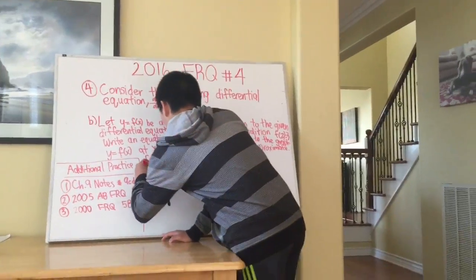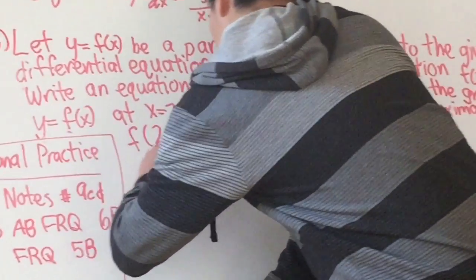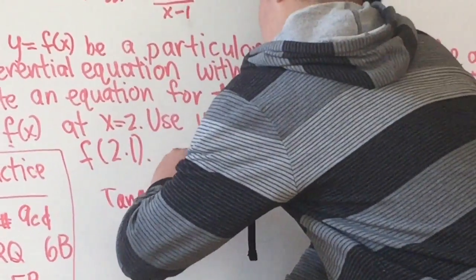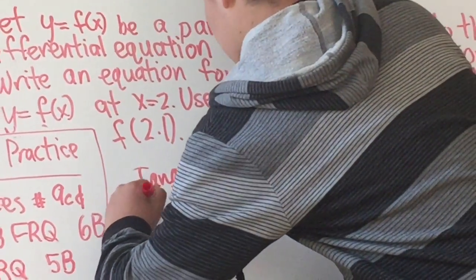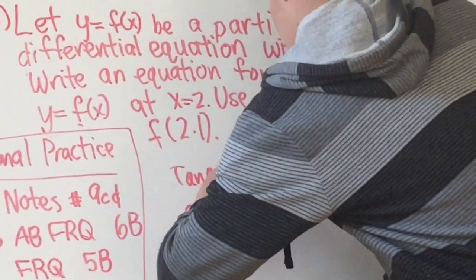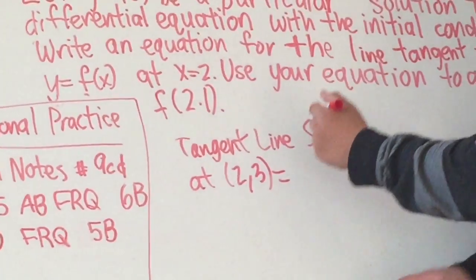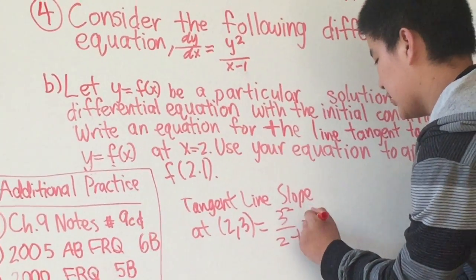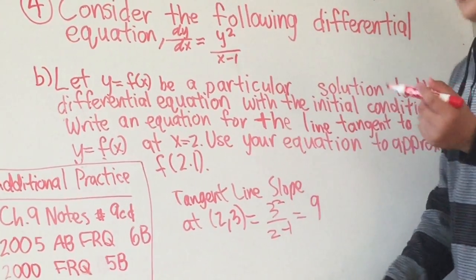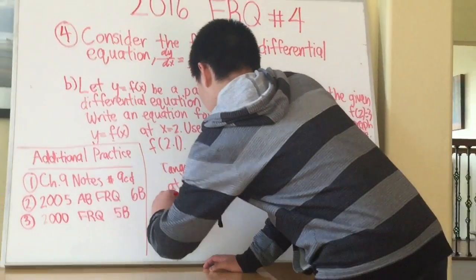So we know that the tangent line slope at (2, 3) equals 3 squared divided by 2 minus 1, which equals 9. So that's the slope of our tangent line.